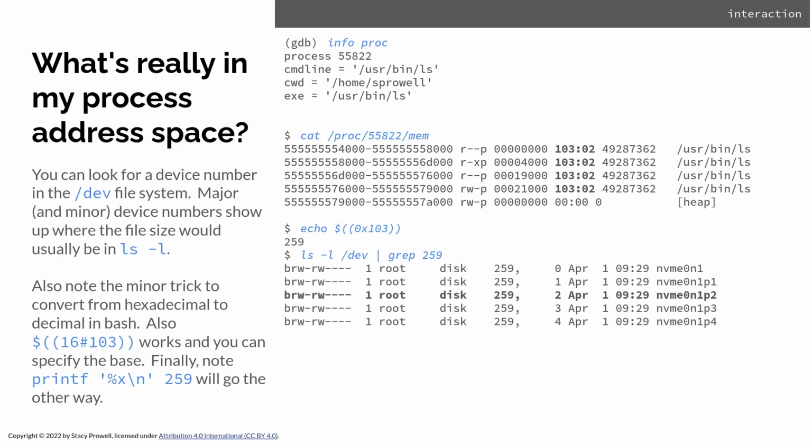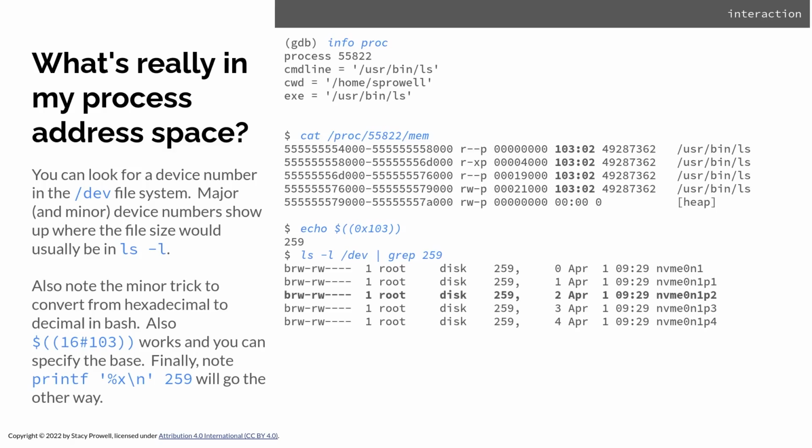So remember, 103 is the major number. That's in hex. We can convert it to decimal using the trick you see there: echo $((0x103)), which gives 259.